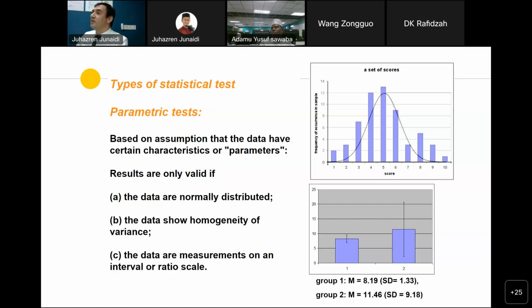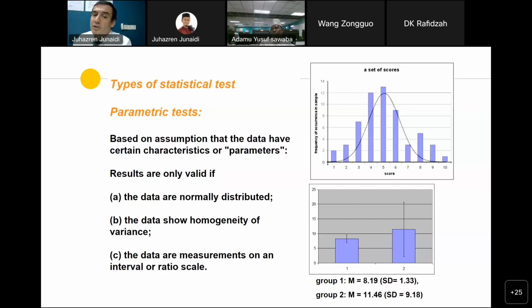And then you have another sample which has the minimum of 5, the maximum of 95, very smooth. Are the variances homogeneous? No, they are not, because one is bumpy and high, the other is smooth, like a normal distribution.